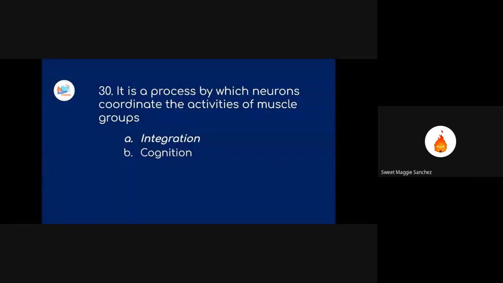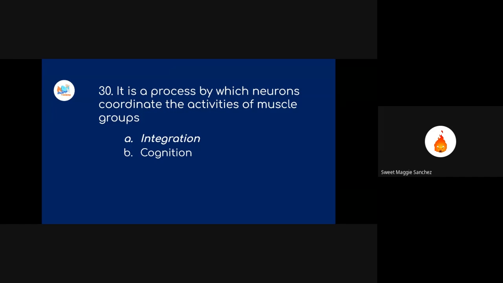Okay, number 30. It is a process by which neurons coordinate the activities of muscle groups. So the correct answer is A, integration. From the word itself, you integrate. And it's more focused on muscle groups. Yes, please remember this. More on muscles yung integration.